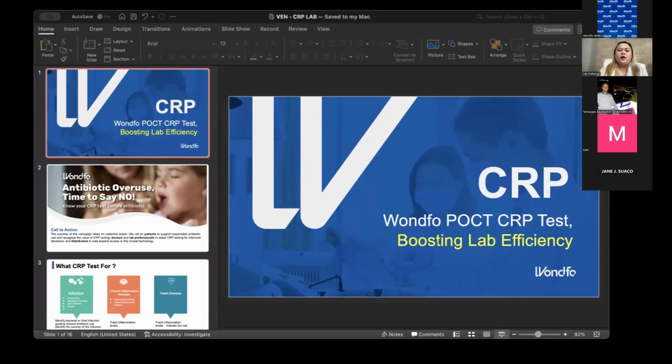CRP is a very powerful biomarker used to detect inflammation. Because it rises within just 4 to 6 hours of inflammation onset, CRP is one of the earliest and most reliable indicators available, making it an indispensable tool for clinicians everywhere.